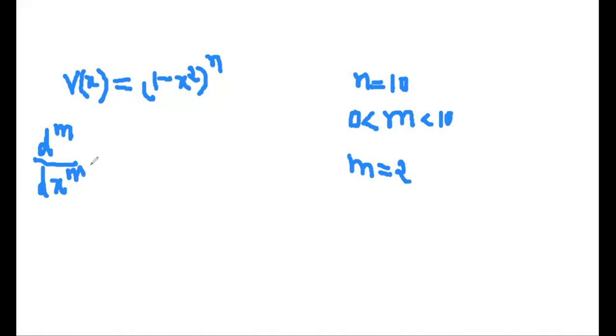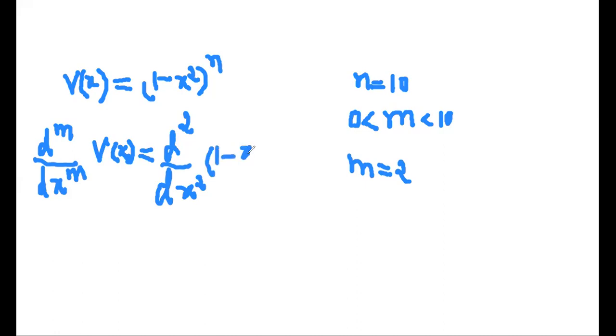So d square divided by dx square operating on v of x. It is 1 minus x square whole power n. n means 10 in this particular case.